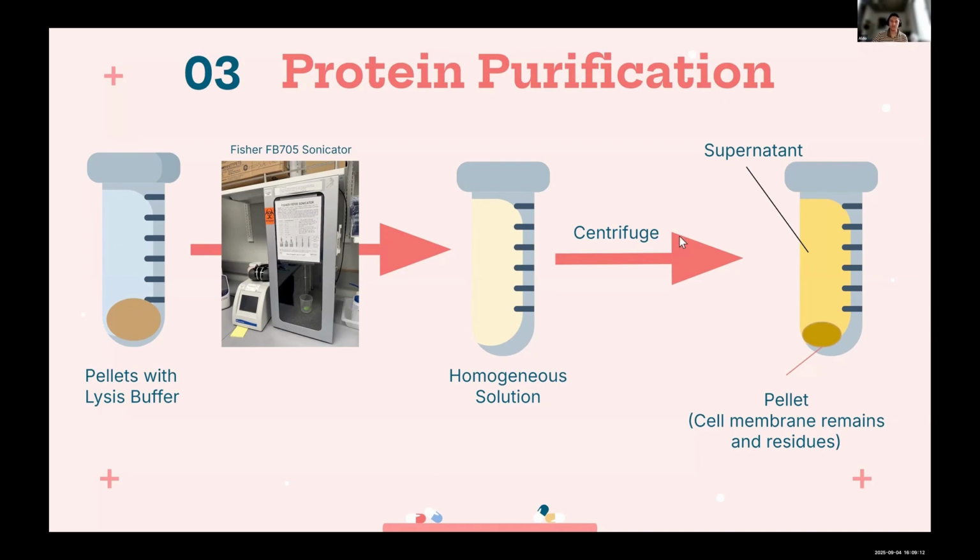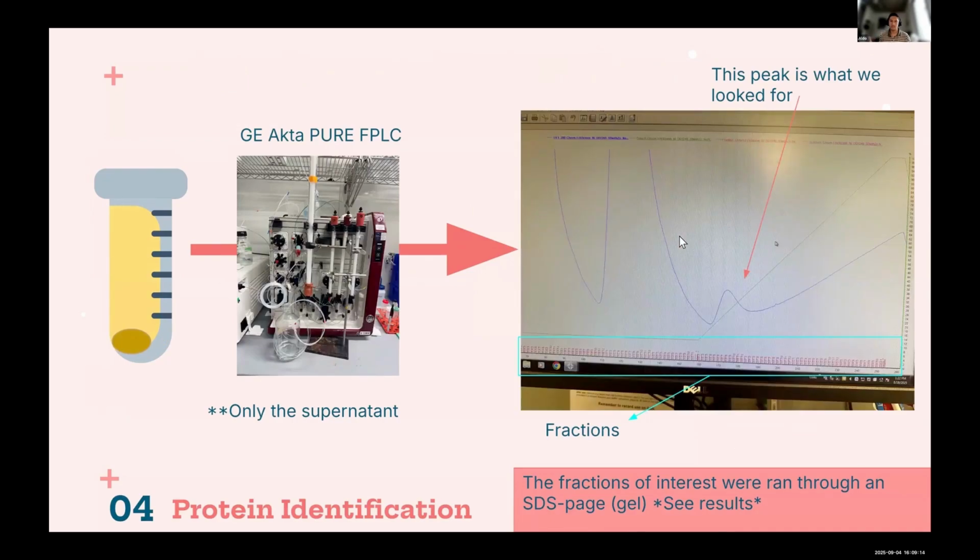For the purification, we mostly care about the supernatant, and it gets passed through a machine called an FPLC, and we are able to separate some of the substances and collect them in fractions. We also get this plot on the right, which is essentially time on the x-axis versus concentration on the y-axis.